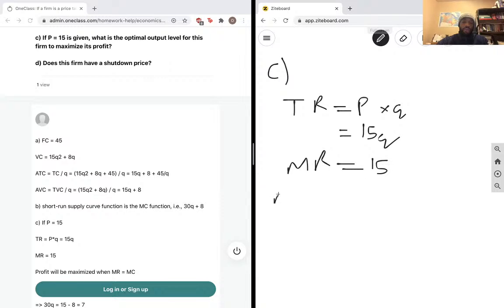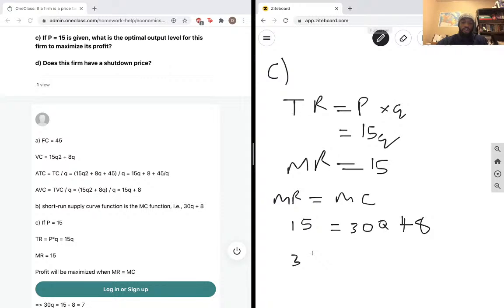And if we equate marginal revenue equal to marginal cost, we have 15 equals 30Q plus 8.